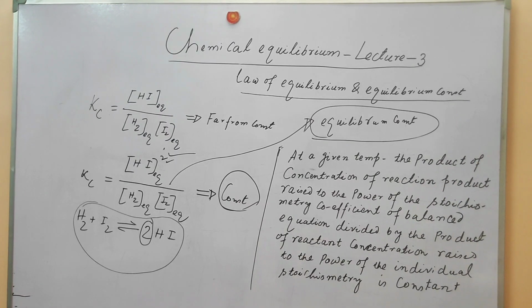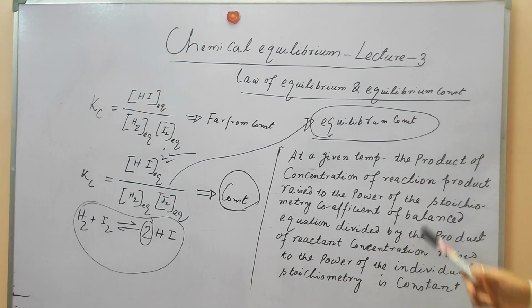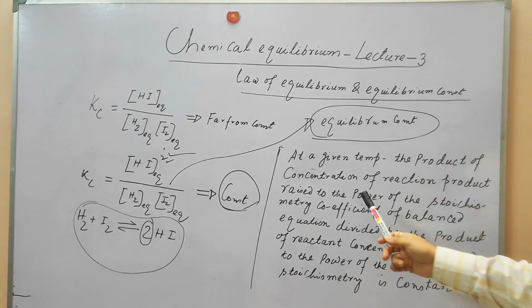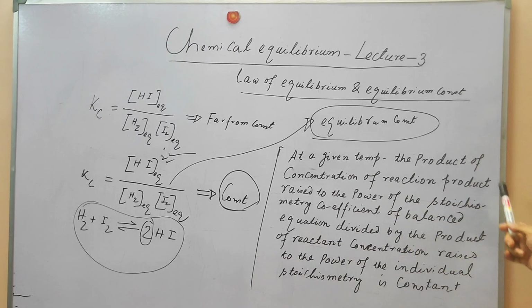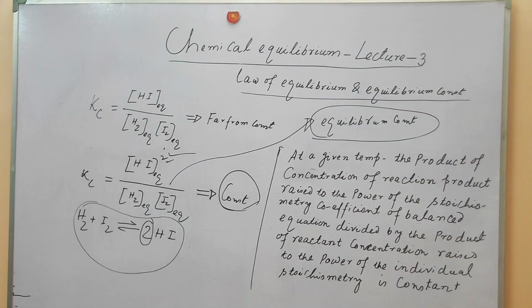At a given temperature, the product of the concentration of the reaction product, here only the product is there, so this is HI, raised to the power of the stoichiometric coefficient of the balanced equation, divided by the product of the reactant concentrations raised to the power of the individual stoichiometry, is constant. This is called the law of chemical equilibrium, or law of equilibrium.